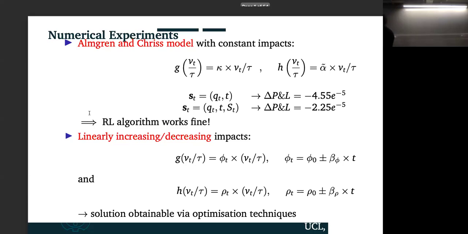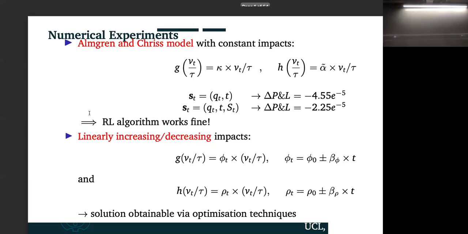Then what we need is to consider instead situations where the impact coefficients are varying with time. In particular, we consider different scenarios. In the first scenario, the permanent and temporary impact vary linearly with time. So either the impact increases or the impact decreases with the variation that I'm going to show you.